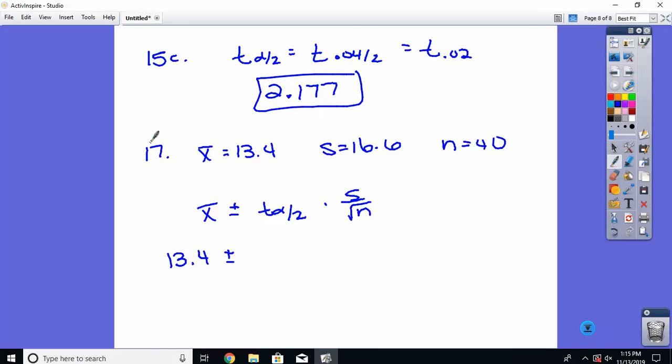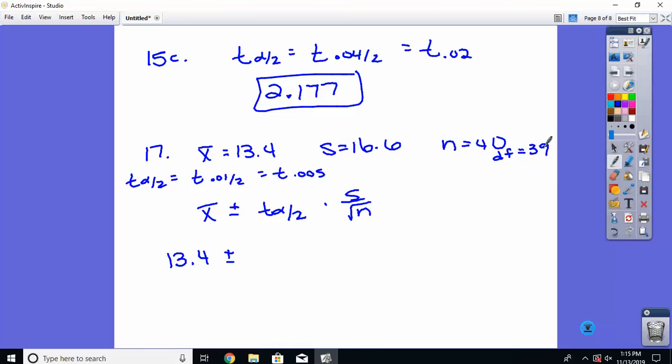So, it was 99% confidence. What is my alpha? So 0.01 over 2 is 0.005. What is my degrees of freedom?